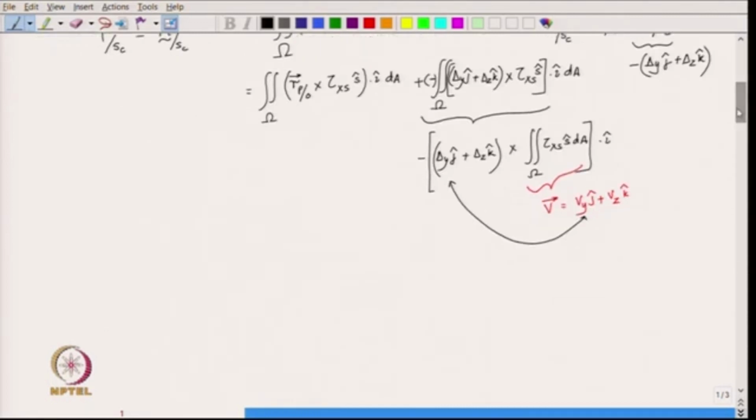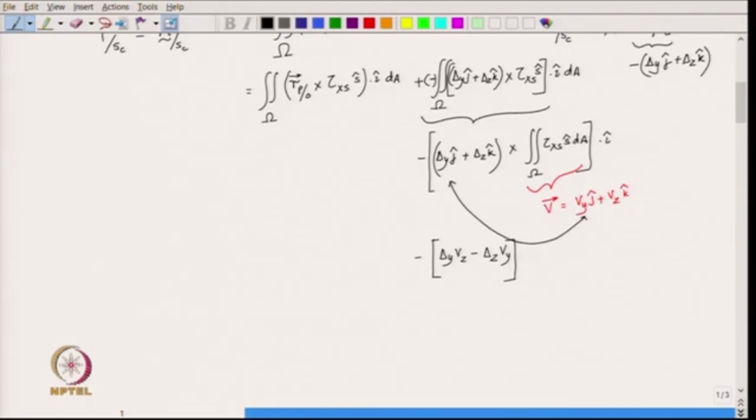So, finally, this whole thing can be written as minus delta y V z minus delta z V y. Okay.